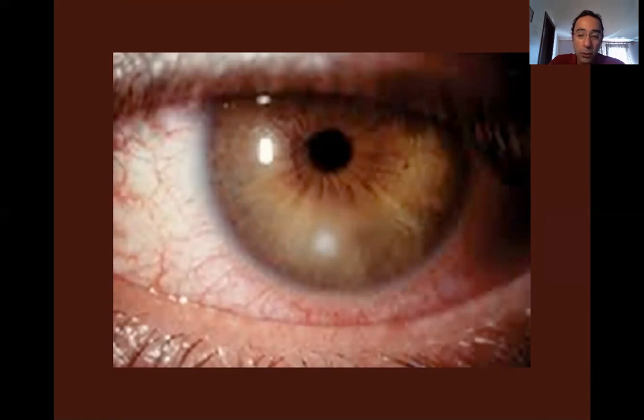If we put some fluorescein stain on this eye and check it with blue light, we would see that fluorescein would accumulate on top of this part, which is the infiltration. And the most likely diagnosis in this patient is bacterial keratitis.